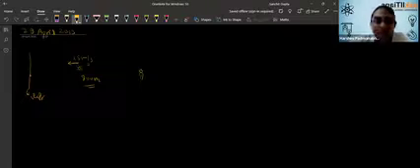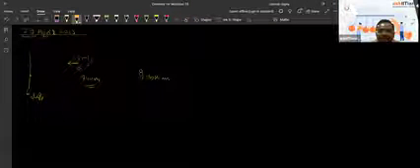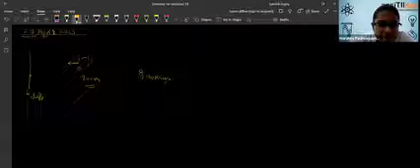So first, sound will reach the cliff, and then from the cliff it gets reflected and reaches the observer. So first we have to find the frequency of the sound that is reaching the cliff.